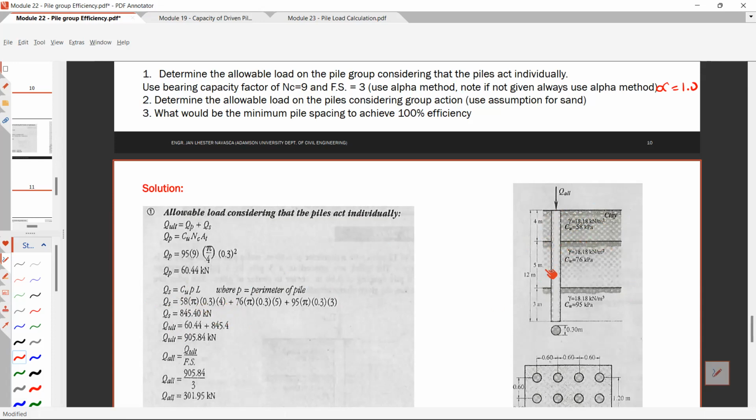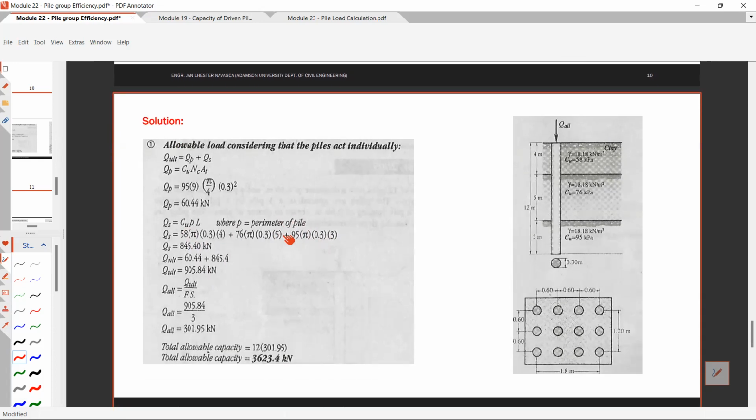Next, the second layer has a different cohesion. We have 76 kPa times pi times 0.3, which is the perimeter, times the length L of 5 meters. And for the third layer, we have 95 kPa cohesion, and the surface area is pi times 0.3 times 3. Therefore, your frictional resistance is 845.4 kilonewtons.